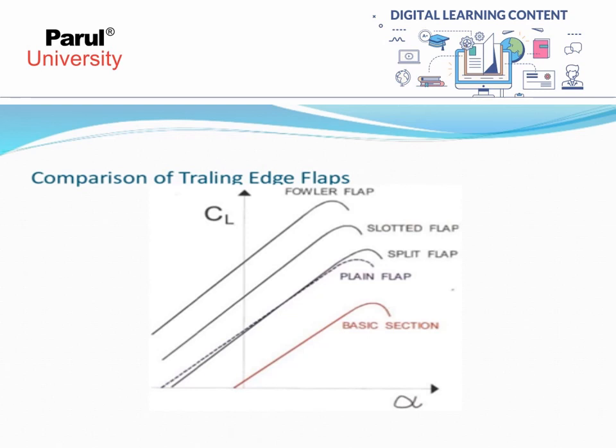The Fowler flap gives the maximum lift coefficient and minimum stalling angle, and the corresponding zero lift angle of attack will be higher. Okay, right? This is the feature of this graph.